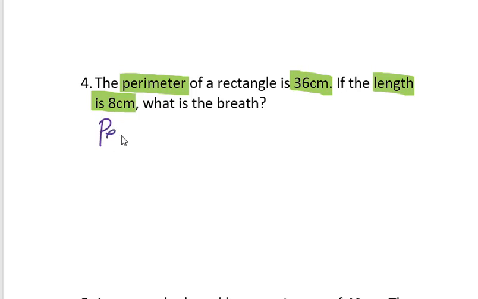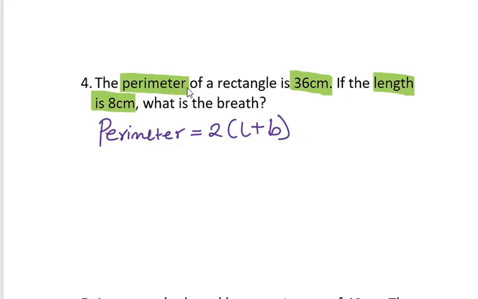So we know that perimeter is equal to, that's perimeter of a rectangle, right? Perimeter is equal to 2(L + B), using B because we have breadth. If we had width, we use W. This is the perimeter of a rectangle, and that is the first thing you do. Put down your formula. The next step is to fix the values you have here.